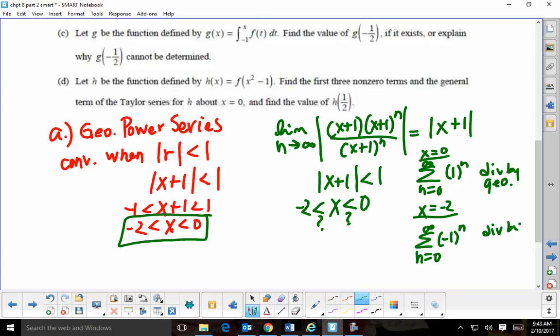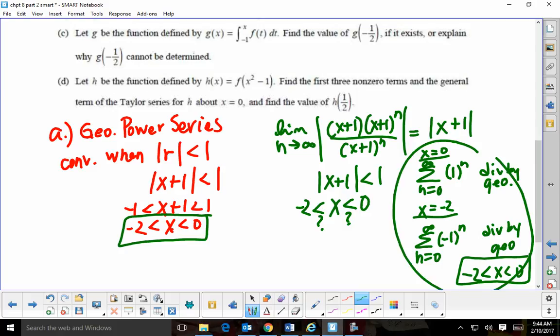Diverges by geometric series. So my final answer is this. Not that much more work, and you could have gotten the exact same points. But the shortcut is, if you know it's geometric, then awesome, because you don't have to go do all of that work. Okay? Alright.